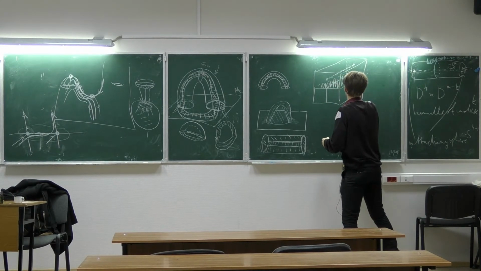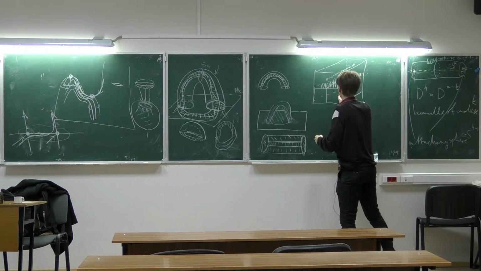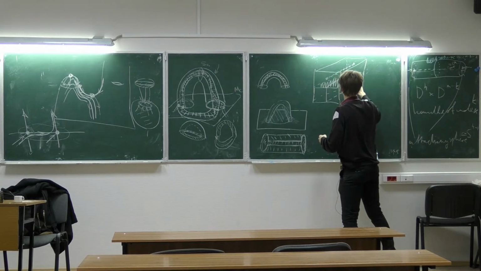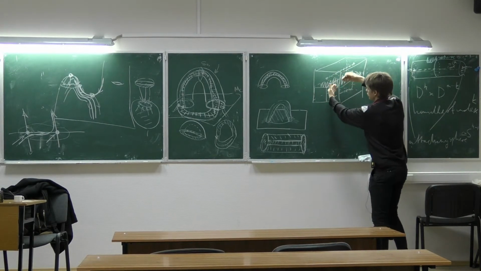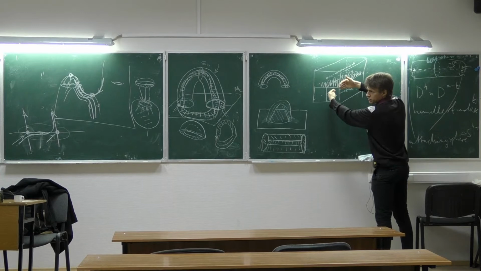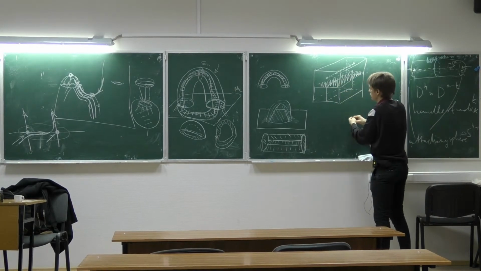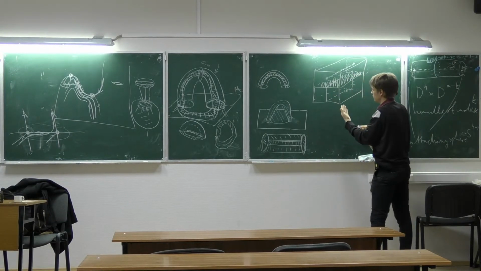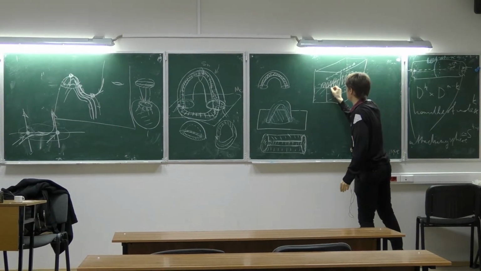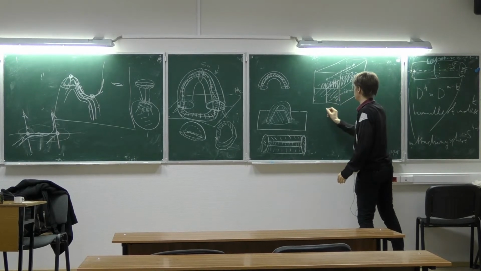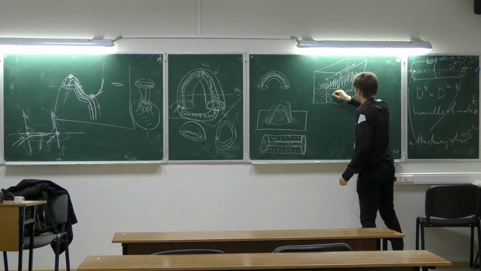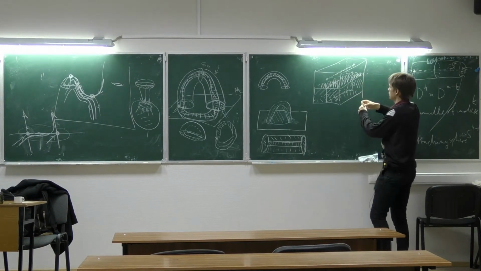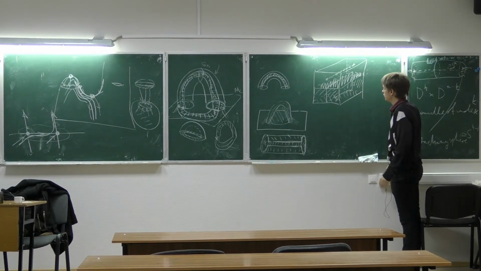So you are attaching the core disk like this. You are fitting the core disk here. So this is specifying how you are attaching the handle. In order to specify how you are attaching the handle, there is this side of the square, this side of the square, and the bottom side of the square.